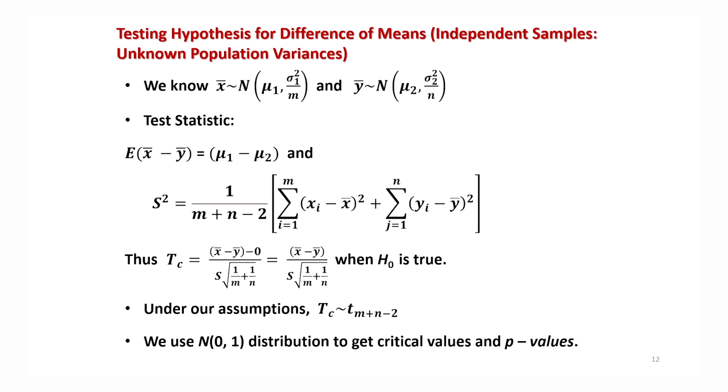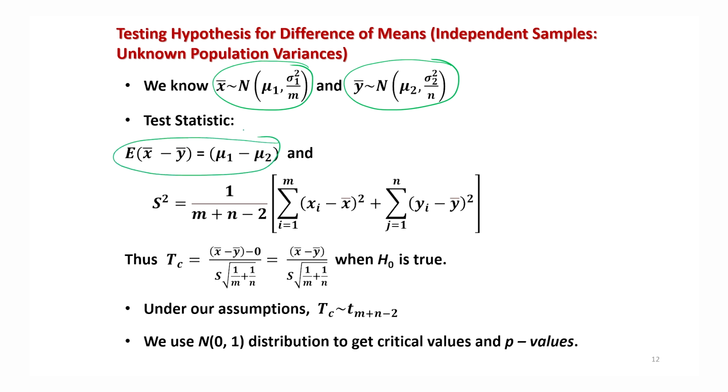So now we try to create the test statistic. We know that x bar will follow a normal distribution with mean mu1 and variance sigma 1 square upon m. The sample mean y bar will follow a normal distribution with mean mu2 and variance sigma 2 square upon n, and the expected value of x bar minus y bar will be equal to mu1 minus mu2.